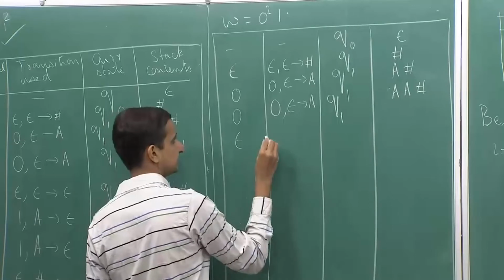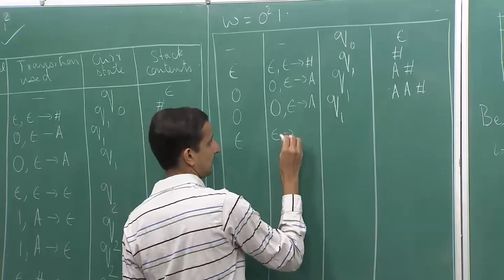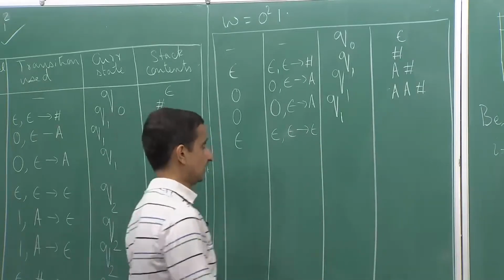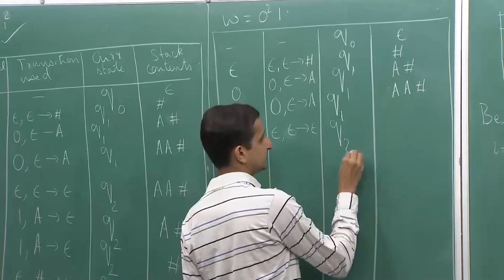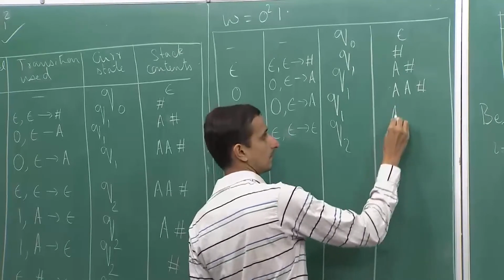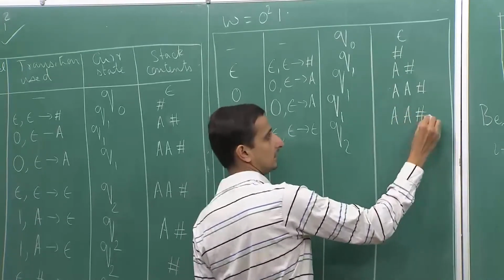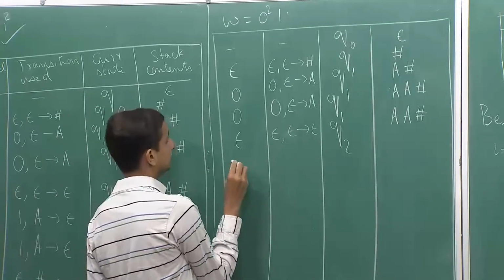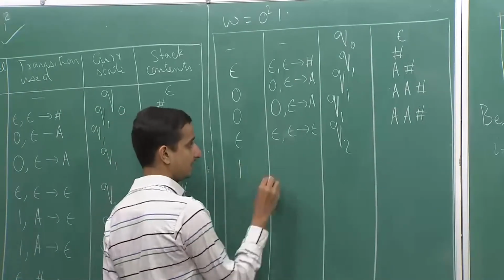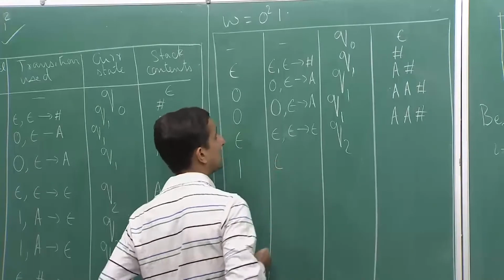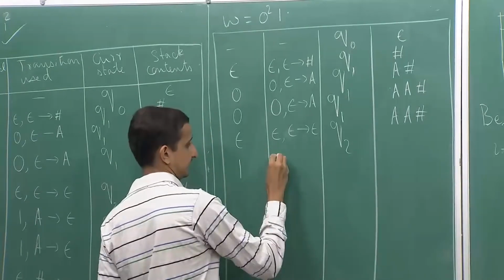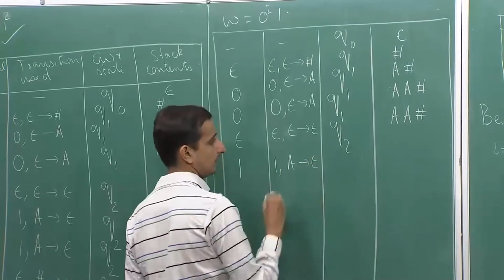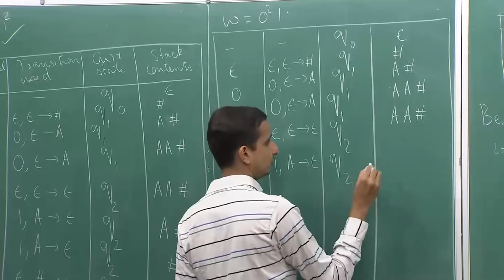Now, I use the transition epsilon to epsilon, move to state Q2, and the stack remains unchanged. Next, I read a 1. So, it is 1 comma A gets popped out. I remain at state Q2.